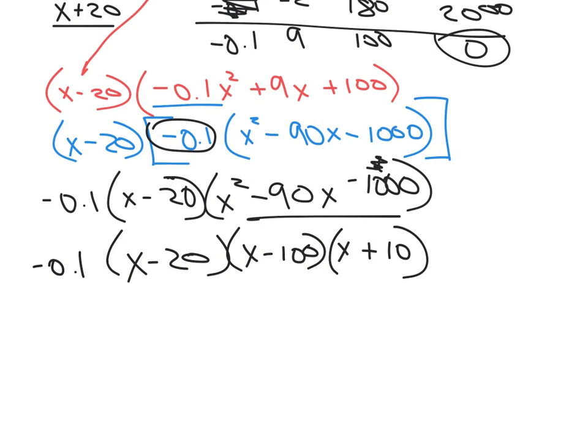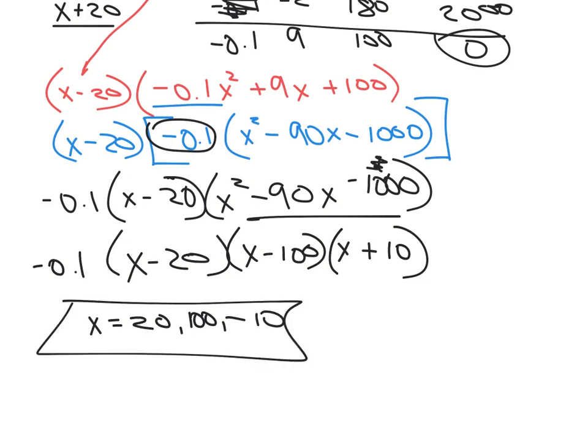Okay, so my answers are, it crosses at those three places. So those are my solutions. Those are the zeros of my function. Now it says determine the levels of production that give the break even. So the break even happens at 20 and 100.